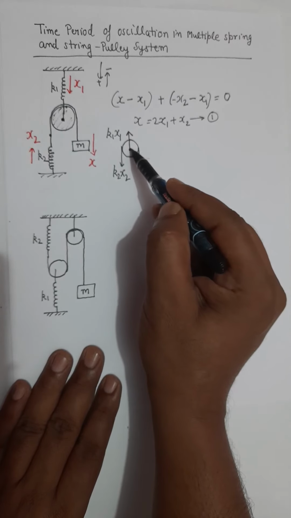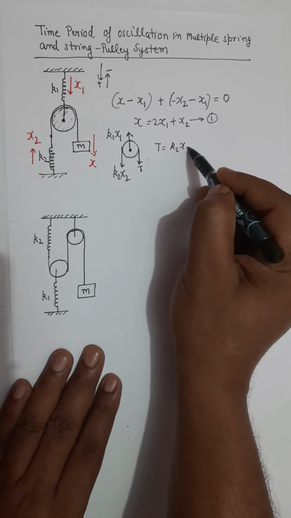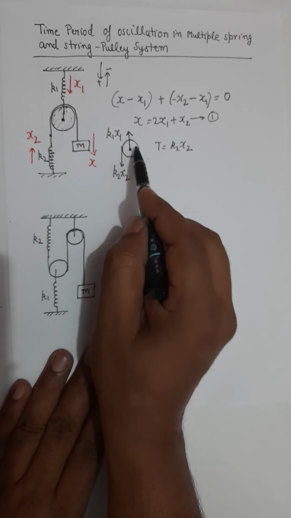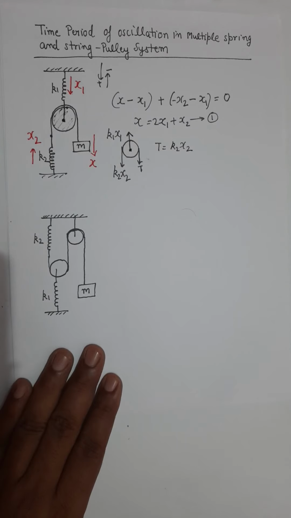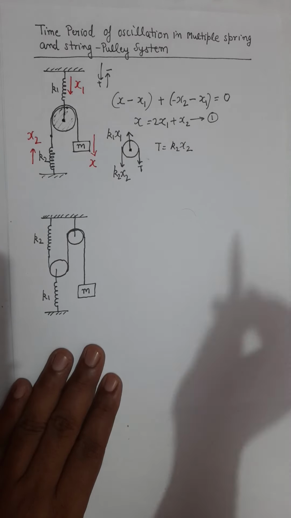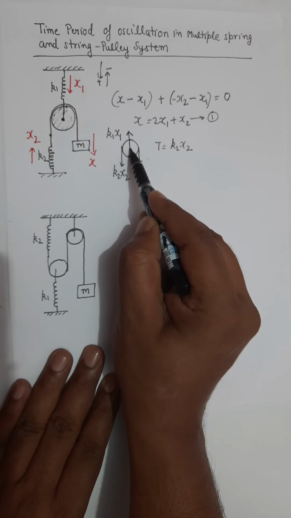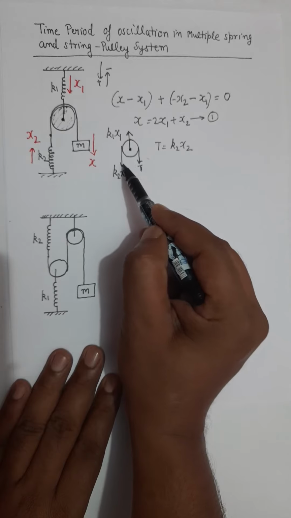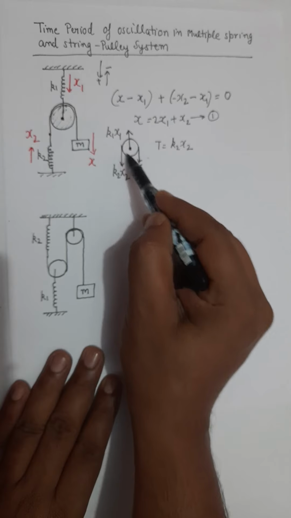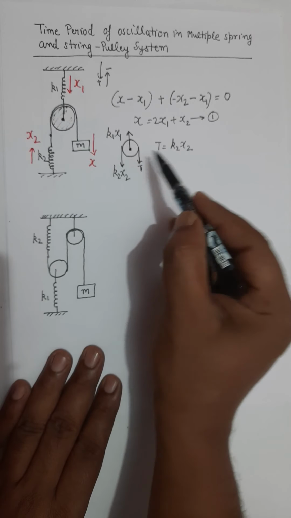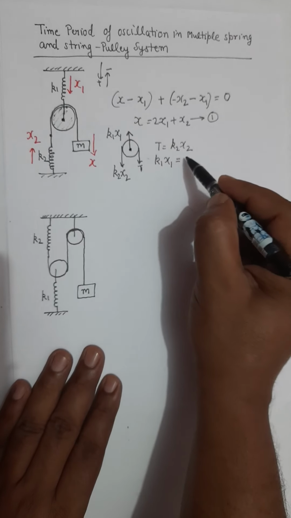For 0 torque about this center point, this T must equal K2x2. A massless object cannot have any resultant torque or resultant force. In order to have 0 torque about the center, T and K2x2 must be equal, and for no unbalanced force, the resultant force on the pulley has to be 0. For that, K1x1 should equal this T plus K2x2.